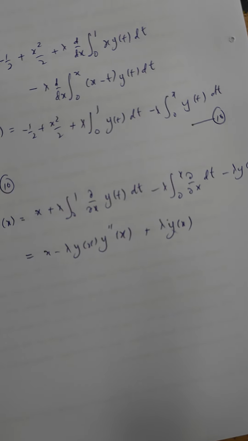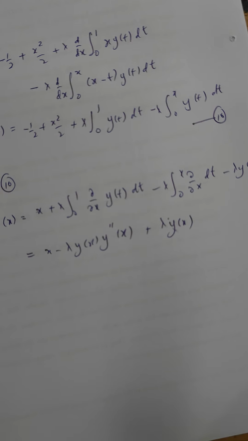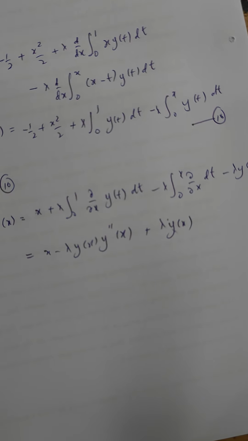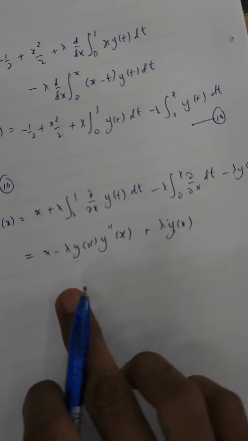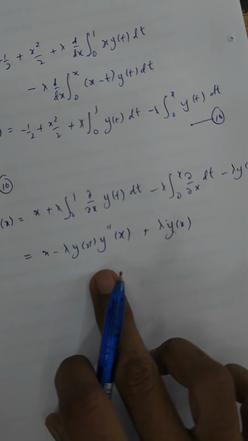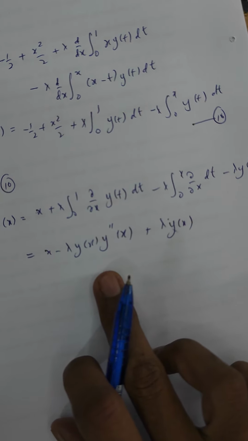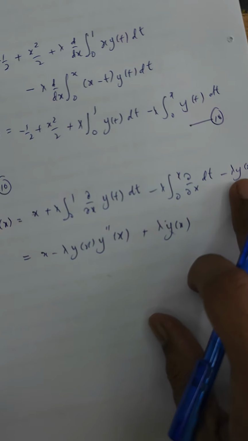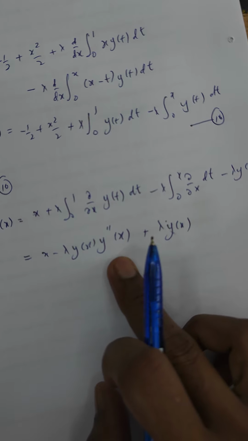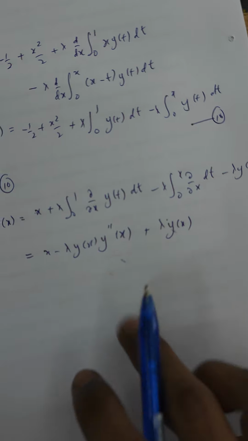Alright, and I think from the given equation that's our solution. Yeah, y double prime plus lambda y is equal to x. So can we check this?